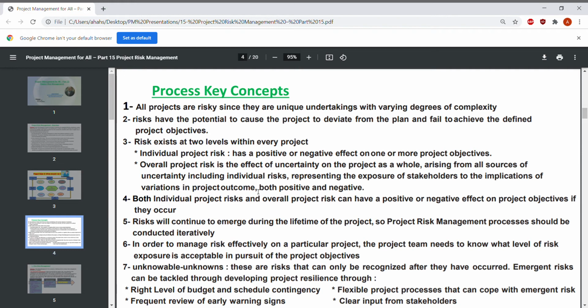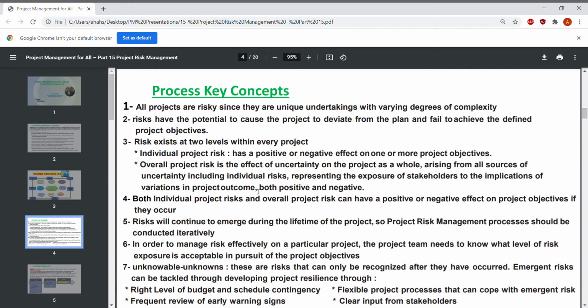The third, risk exists at two levels within every project. There are individual project risks and there are the overall project risks. So the individual may cause a problem to one activity or two or more of the activities or the objectives of the project.